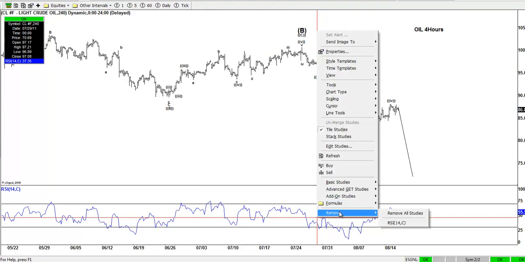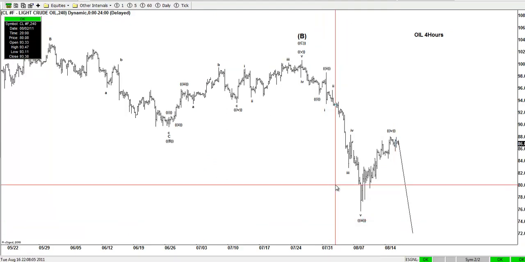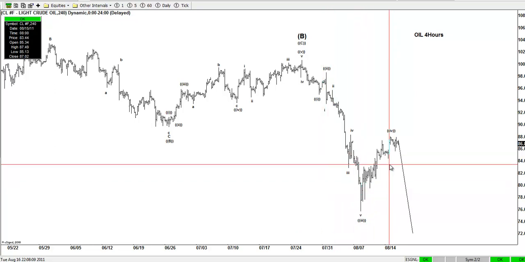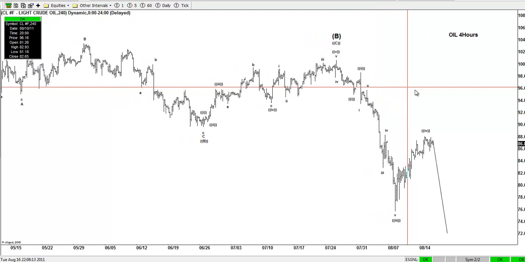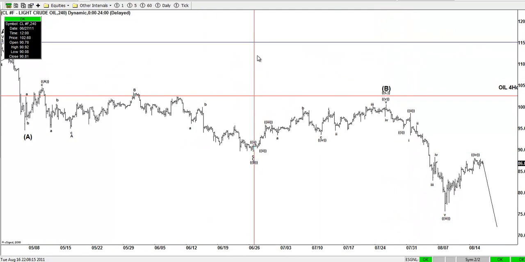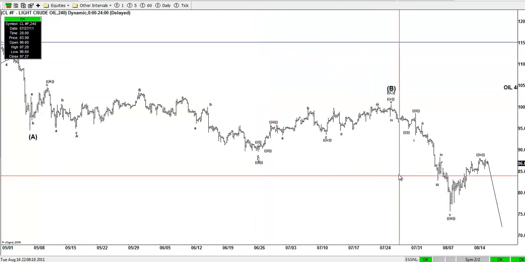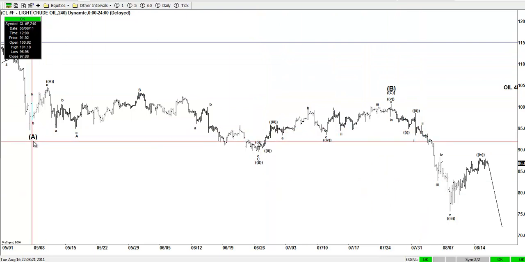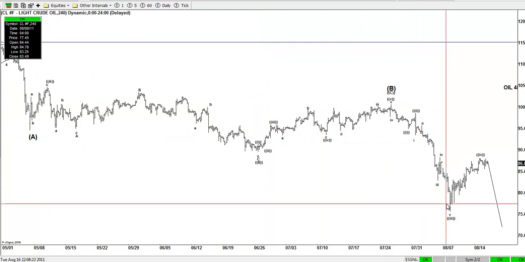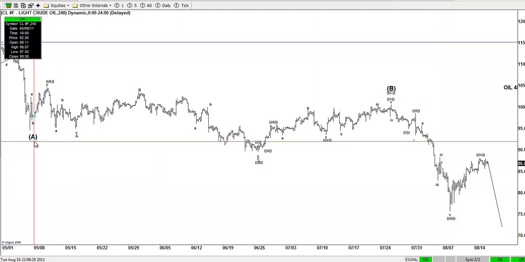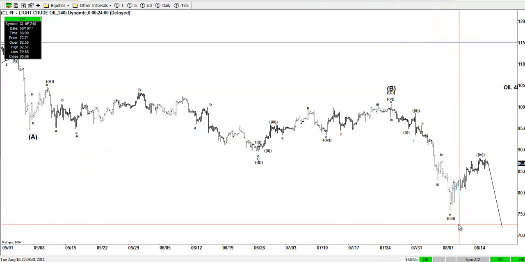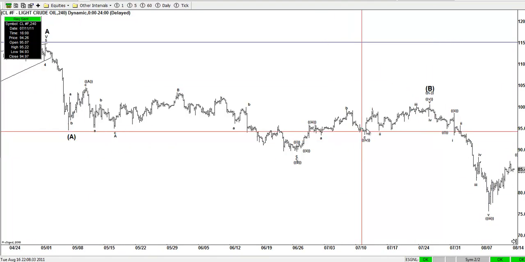So if that move is complete to the downside, the recovery in the case of oil is the same structure, it's unbelievable that we have. If that move is complete, it's very possible that we have the ABC and oil already found a bottom. That's very possible there, guys. If that's the case, that A, B, and C right here, very possible.